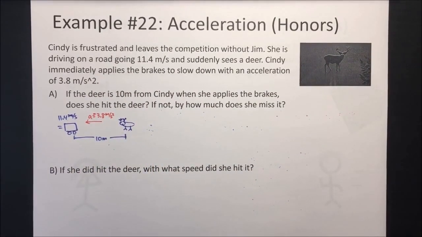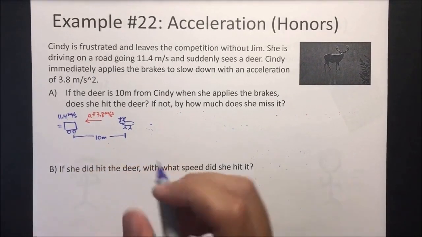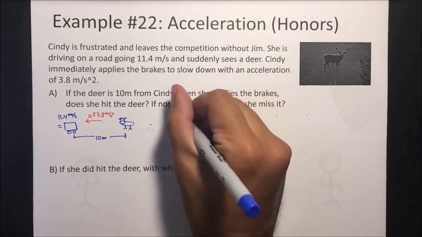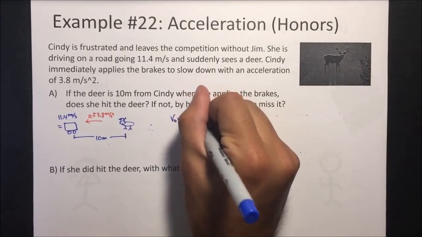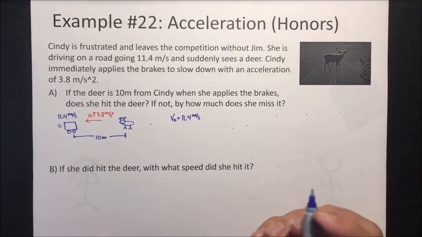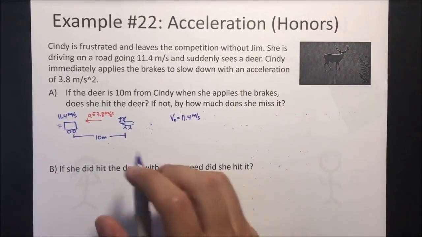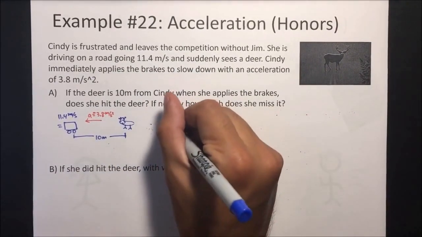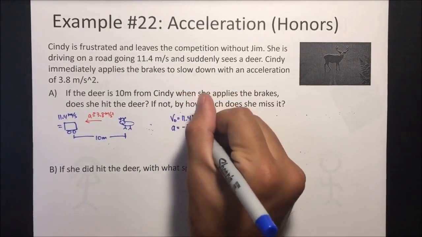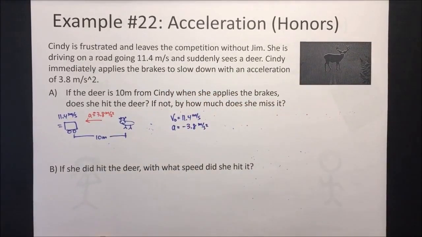And this is a little bit complicated how we're going to do this problem. So we know before she applies the brakes, she's starting out going with the speed of 11.4 meters per second. There's a few ways to do this problem, but I'll show one way that I think is the simplest. We know when she applies the brakes, she's going to be accelerating with an acceleration of negative 3.8 meters per second squared.